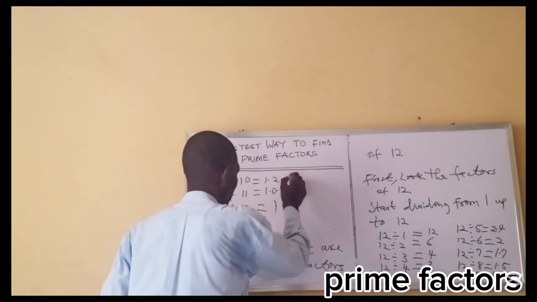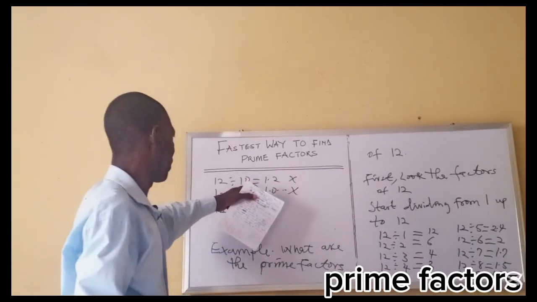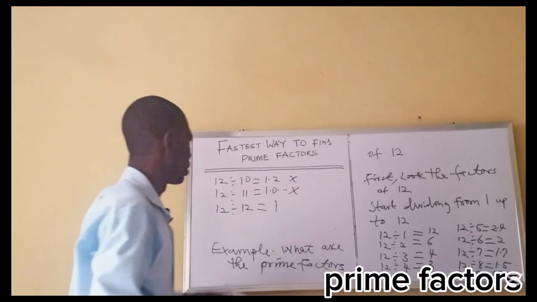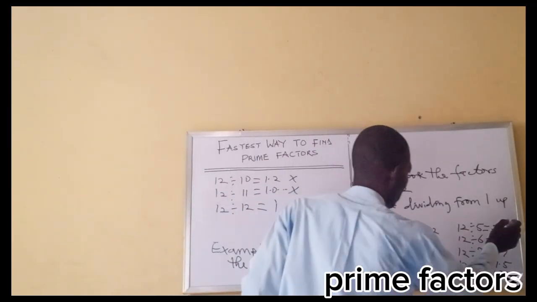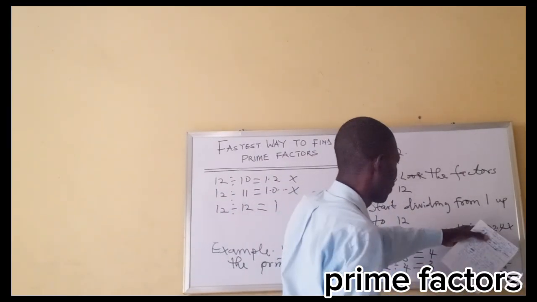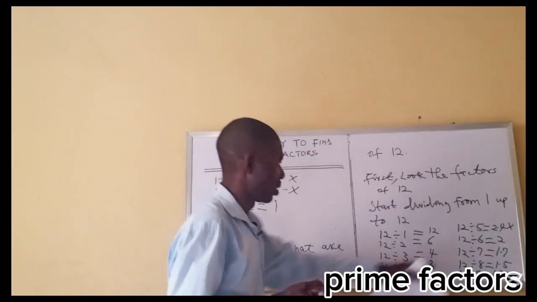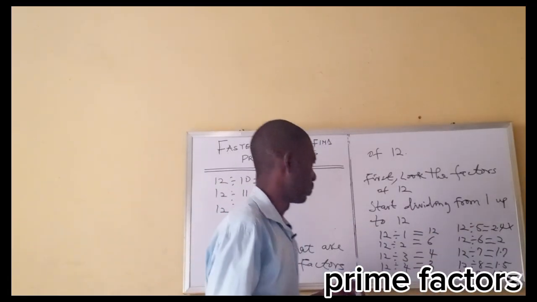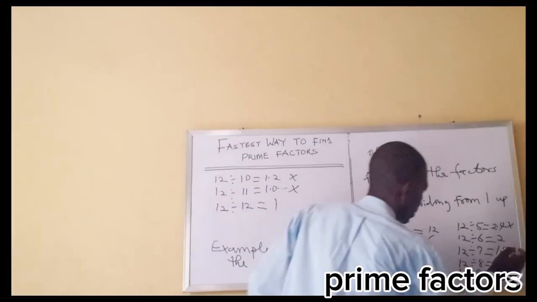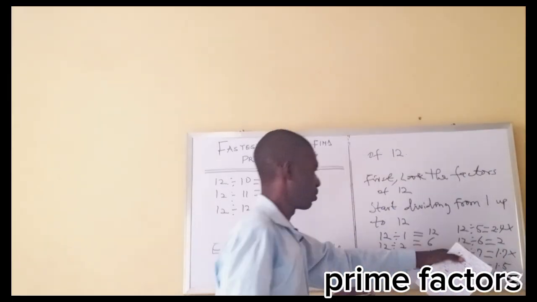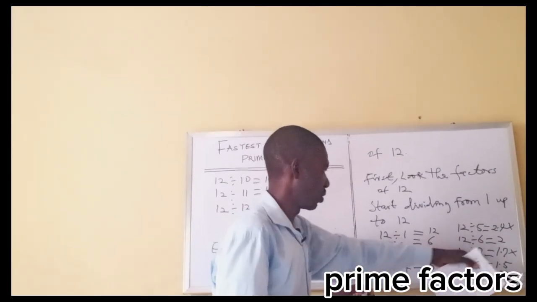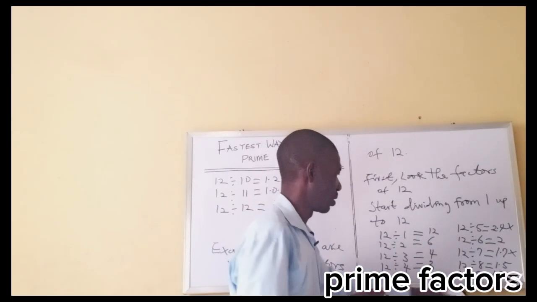This one too has disqualified this as a factor because of the decimal places. This has disqualified 5 as a factor because it's giving us a decimal place. This 7 has disqualified this as a factor of 12 because it's giving us a decimal place.